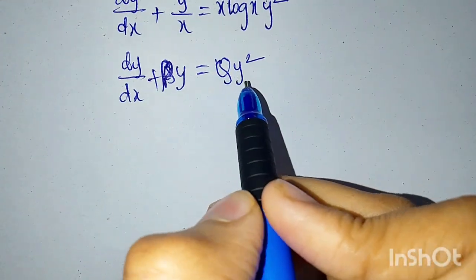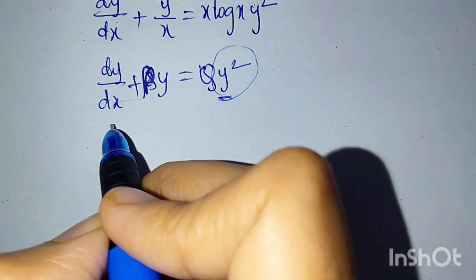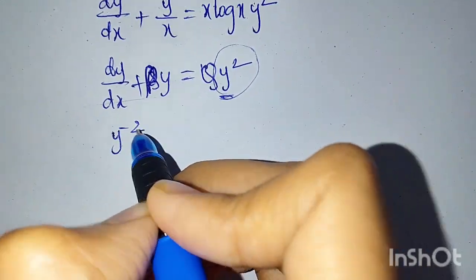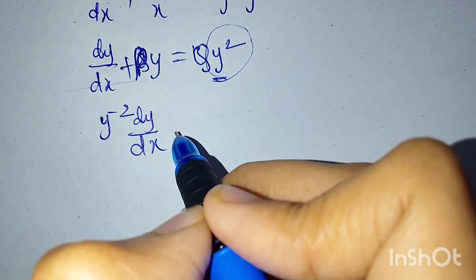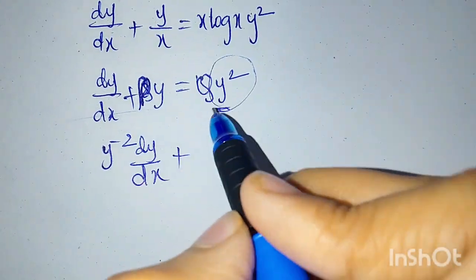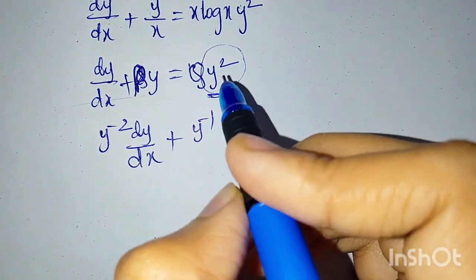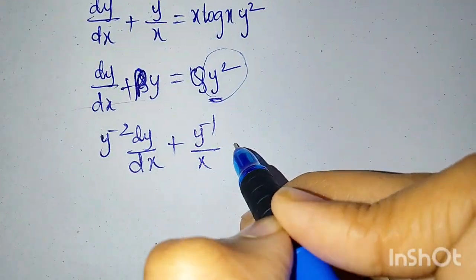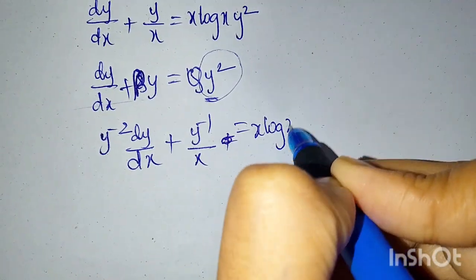How will we do it? We will divide the whole equation by y square. So I'll get y power minus 2 dy by dx plus y into y power minus 1 equal to x log x.